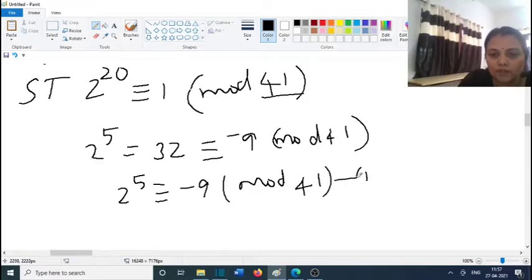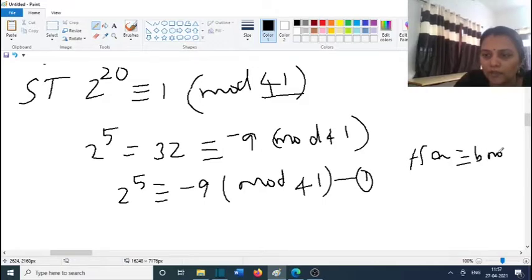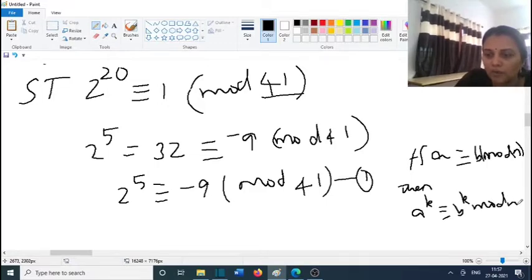This is equation 1. If A is congruent to B mod n, then A raised to K is congruent to B raised to K mod n. This is a property of modulus congruence.